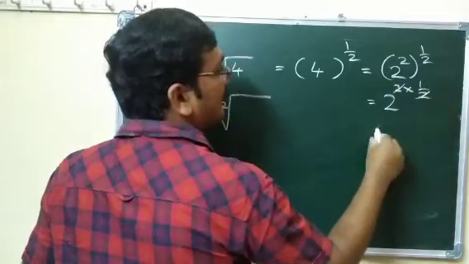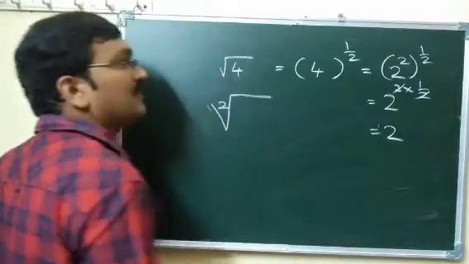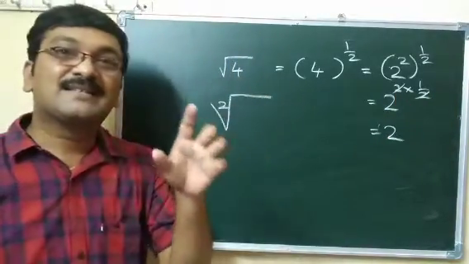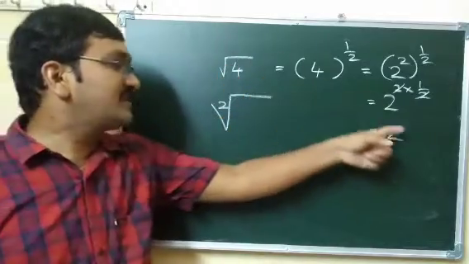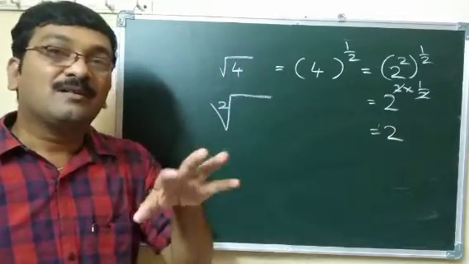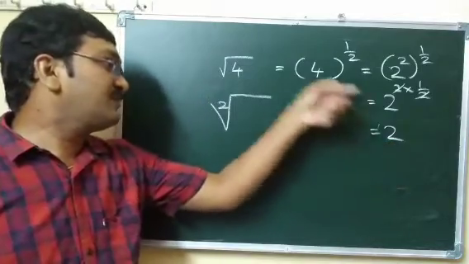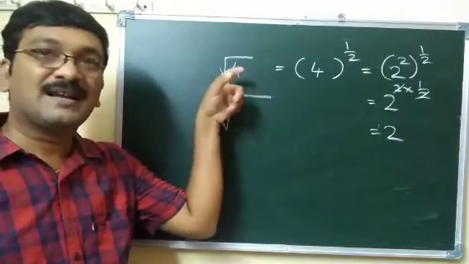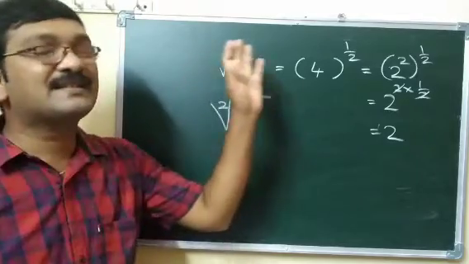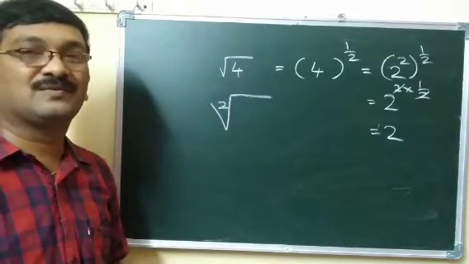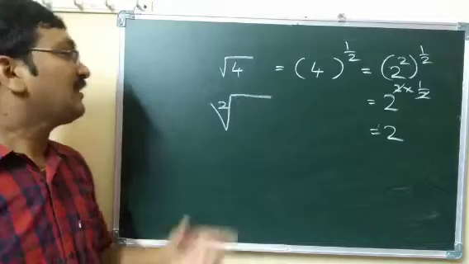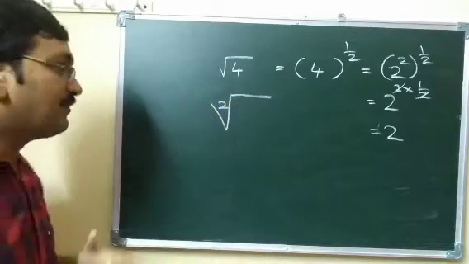So 2 and 2 cancel, then we get 2. So we read it as the square root of 4 is 2. And before, how do we write it? Square of 2 is 4. So it is a reverse case, vice versa also. Got an idea?